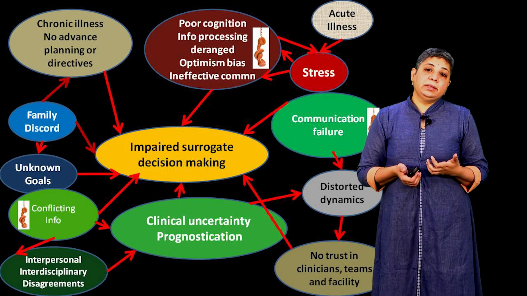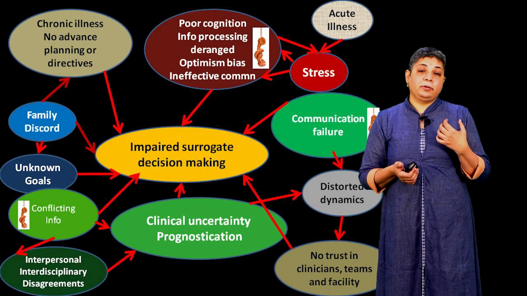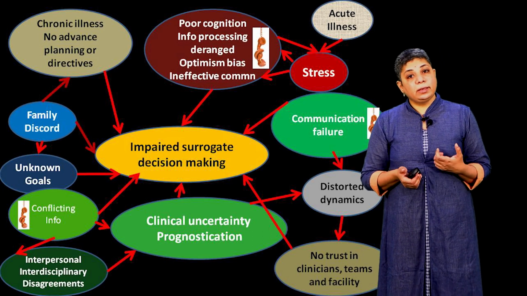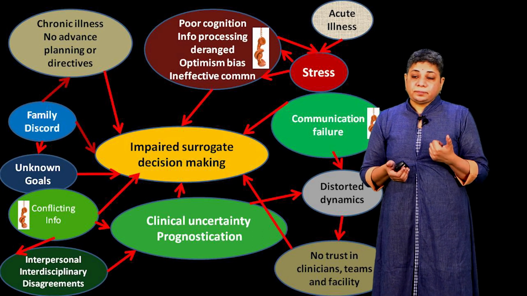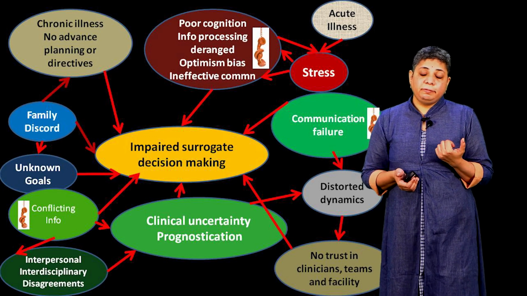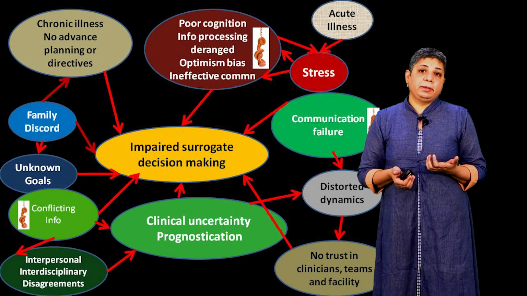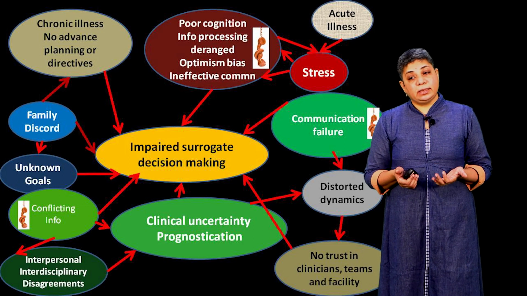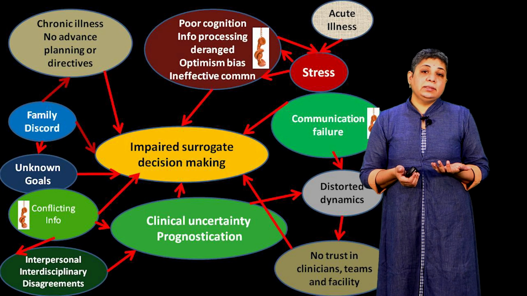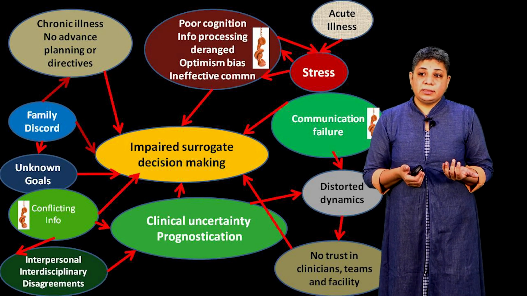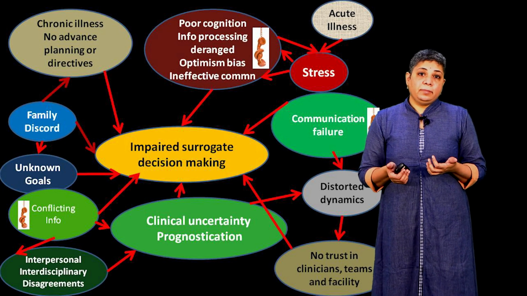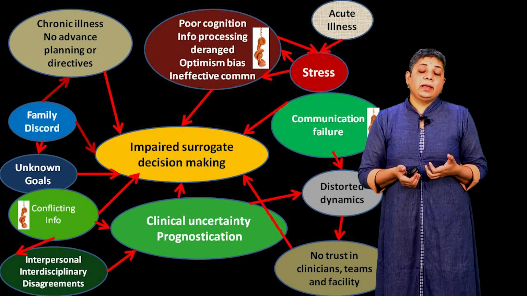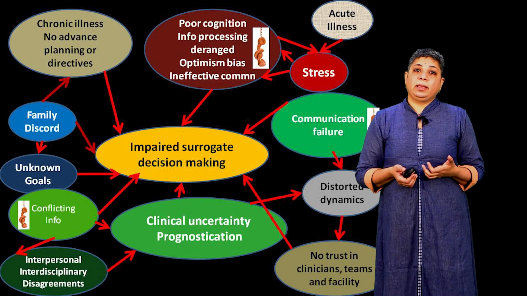Or when there is clinical uncertainty, prognostication is not very clear, or we don't have enough tools to give a clear prognosis, or when there are distorted dynamics because of communication failure. So there is finally a loss of trust in clinicians, and a loss of trust by the family towards the healthcare system. All these will cause impaired surrogate decision making.